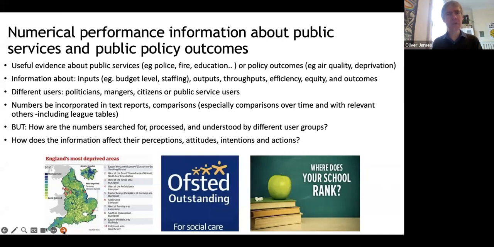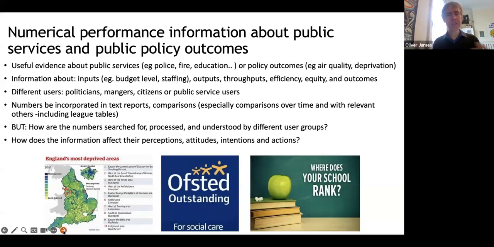So there's more and more of this available than ever before, and it's used by different stakeholders for different purposes: politicians, managers, citizens, and public service users. But the way in which information is processed by people is not at all straightforward. And of course, it depends very much on the purposes, which really put a shadow on the whole interpretation and use of information.